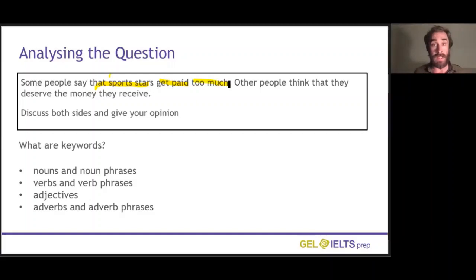So here the meaning is that sports people, people who play sports, get a salary which is too high. So too much there is an adverb phrase. Other people think that they deserve the money they receive. So we have a verb deserve, meaning they have a right to this money. We have the noun money, and we have another verb receive.